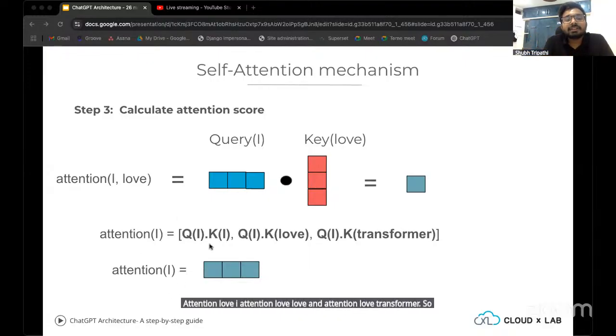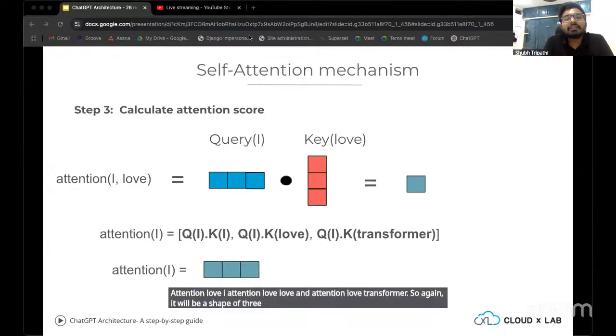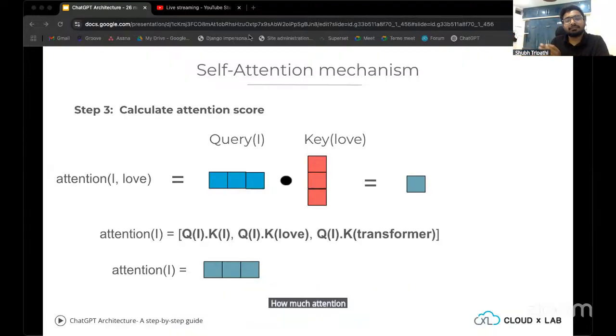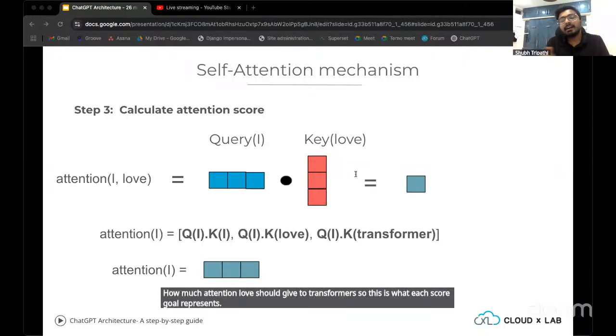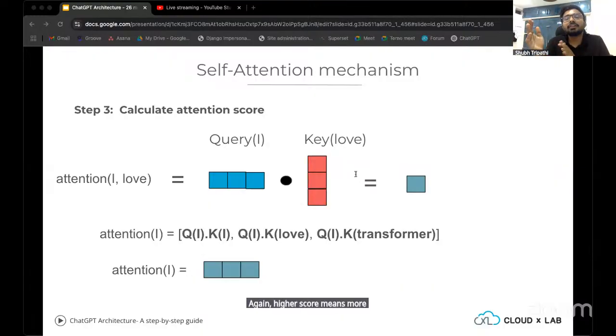Again, it will be a shape of three, where the first represents how much attention love should give to I, then how much attention love should give to love, and how much attention love should give to transformer. This is what each score represents. Again, a higher score means more focus on that word, while a lower score means less focus.